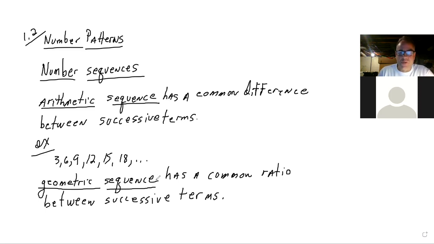So if I take any two consecutive terms and I divide one by the other in a certain order, I'm going to get the same number every single time.